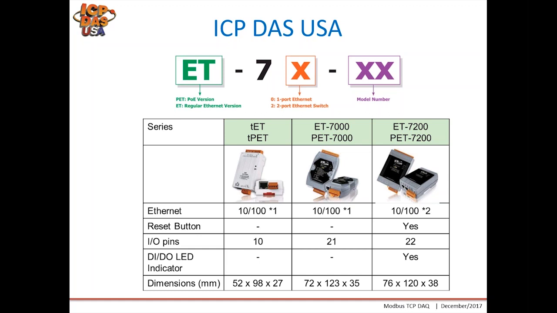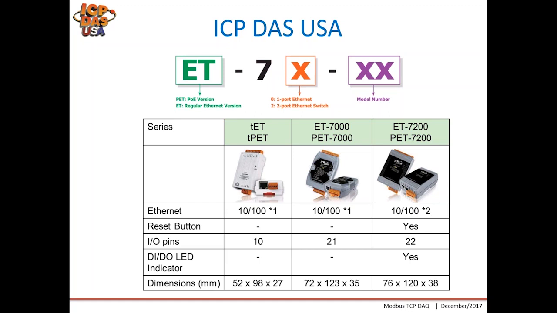The TET and ET series have dedicated Ethernet ports, or single Ethernet ports. Their I/O configurations are predefined, and there's specific models which we'll go over in a short bit. The number of I/O is smaller in the TET series because it only has 10 I/O pins.